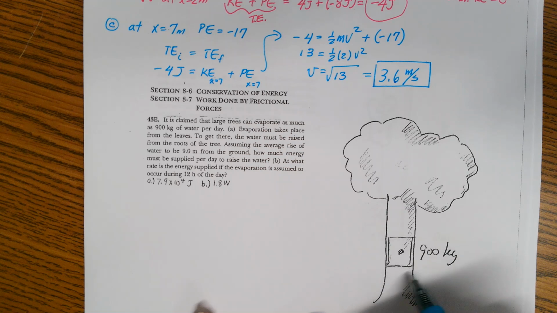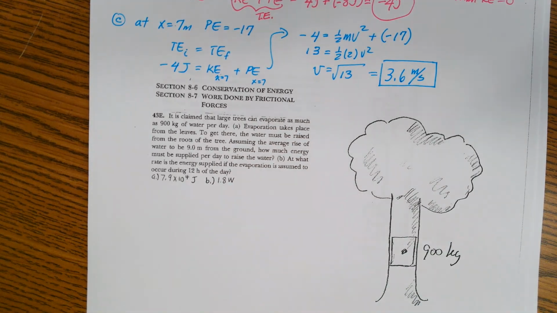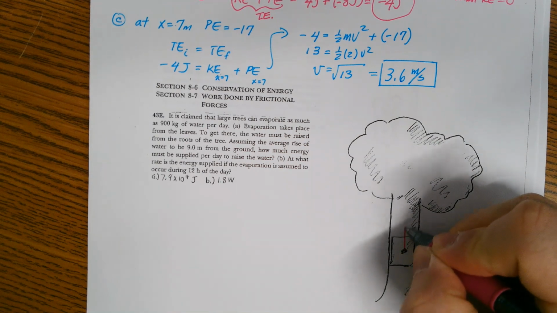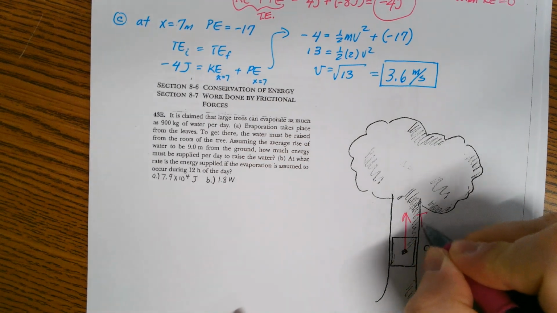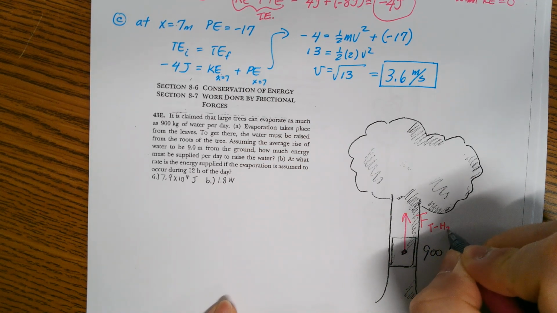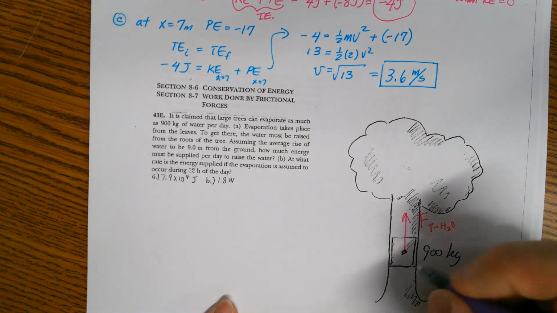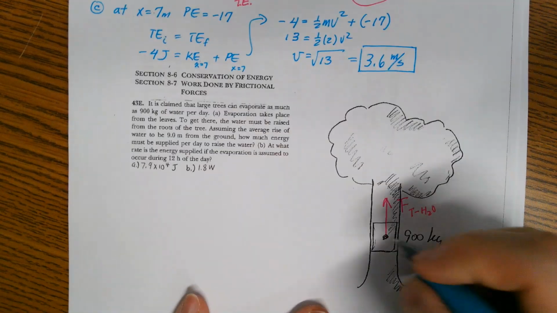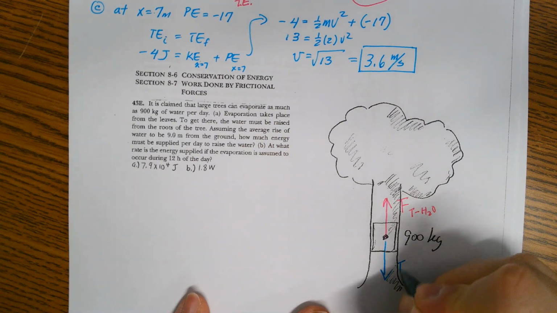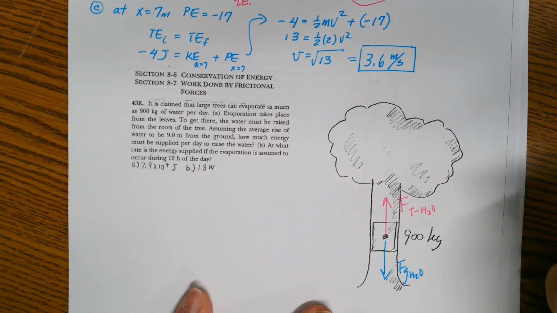So we have 900 kilograms of water. It has to be raised up. So this is the force, right? Force by the tree on the water. That force has to be the same amount as the water's weight itself. That has to be F_g of H2O. So these have to be the same, basically.